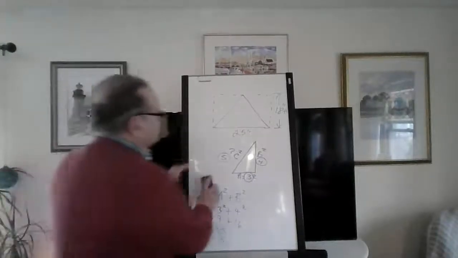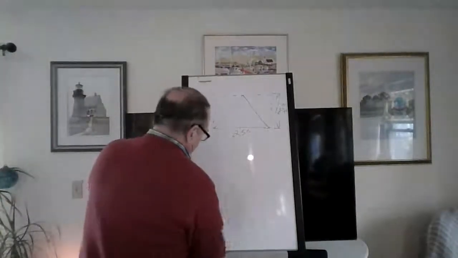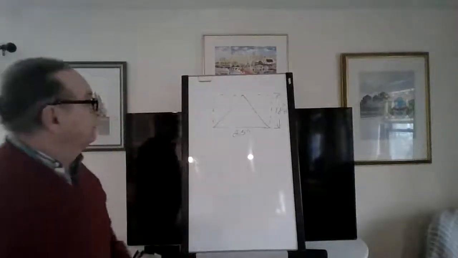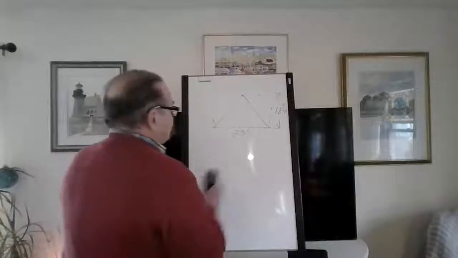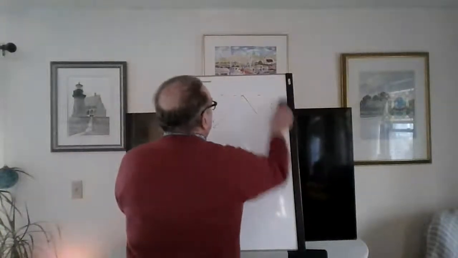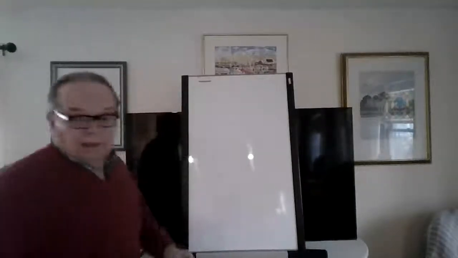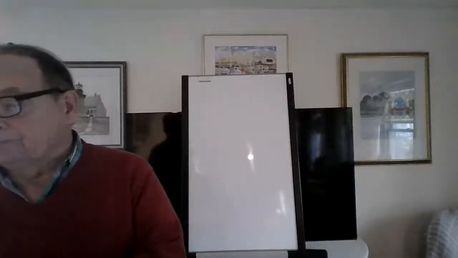So let's get rid of this. And I'm going to get rid of this too. I've already finished this one. And let's see what they got here. Okay, so they're looking at a roof 72 by 56.